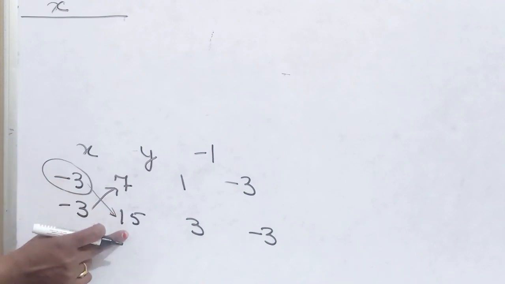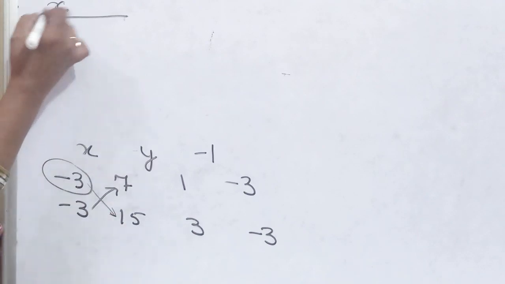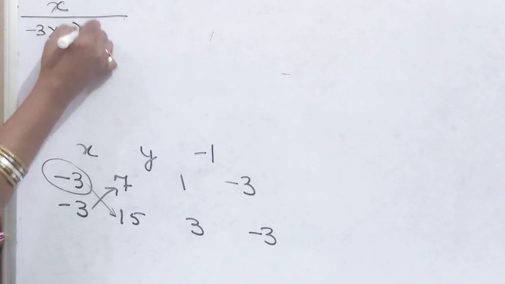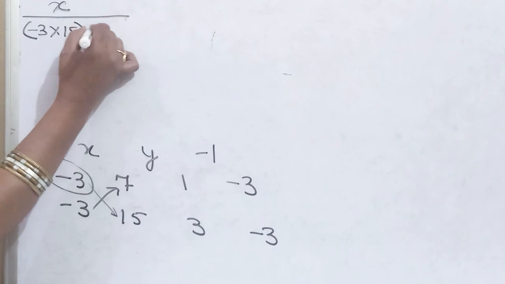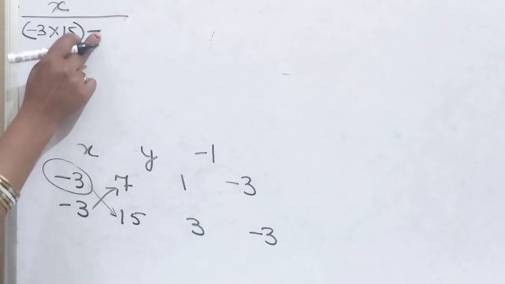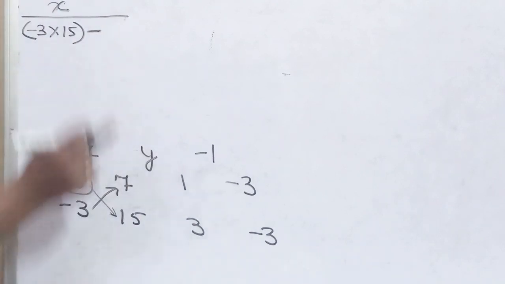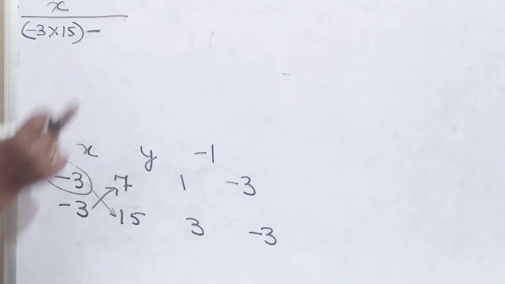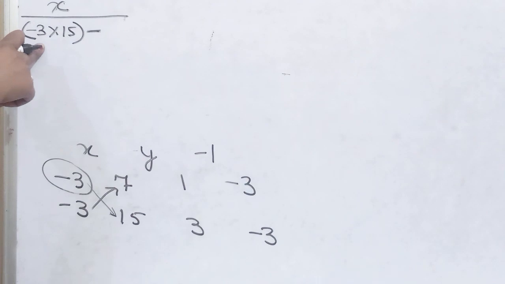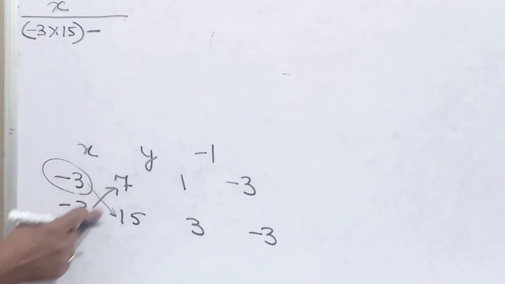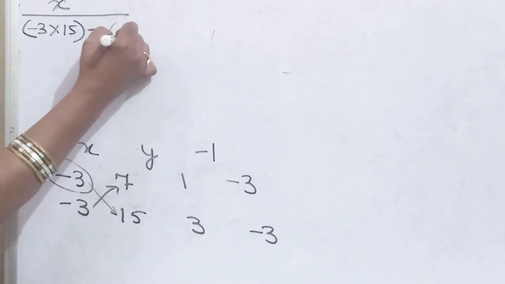Multiply minus 3 with 15, that is minus 45. I'll write it in the next step. And you have to put the minus sign here by yourself, not from here. It is the product of these two numbers, minus 3 into 15.